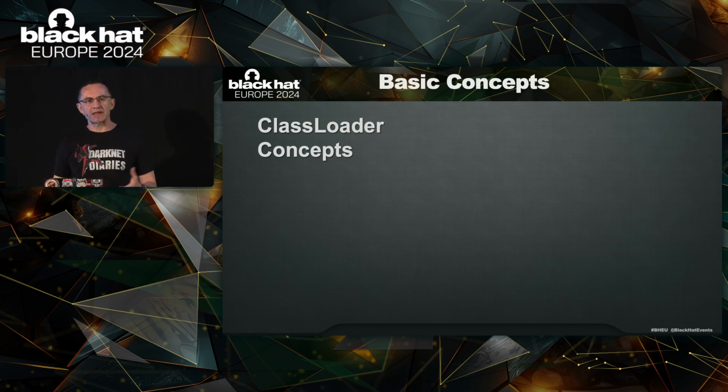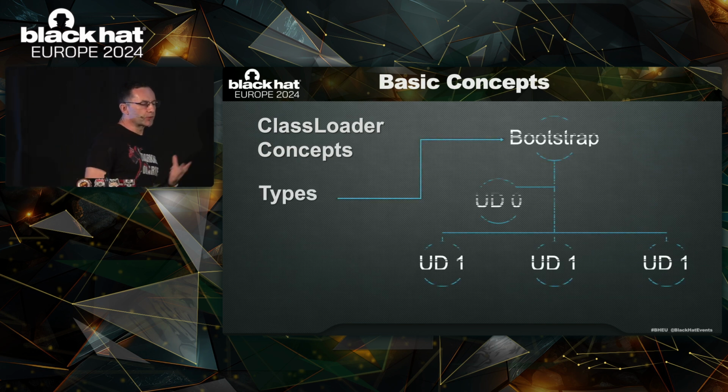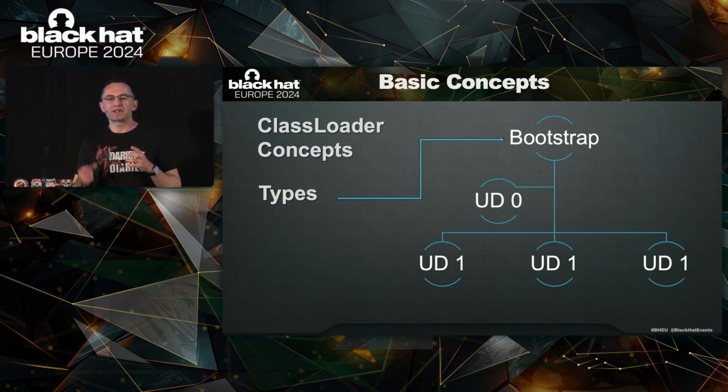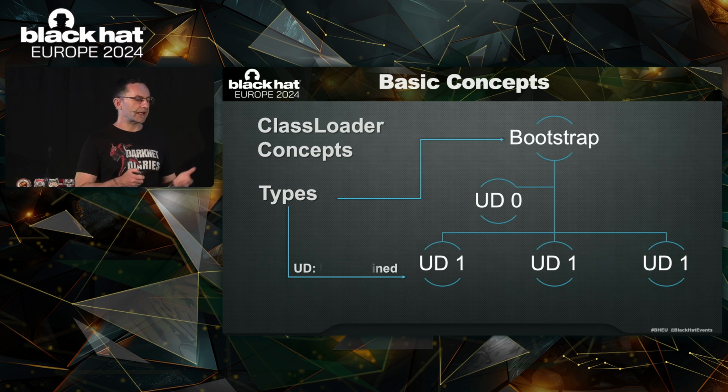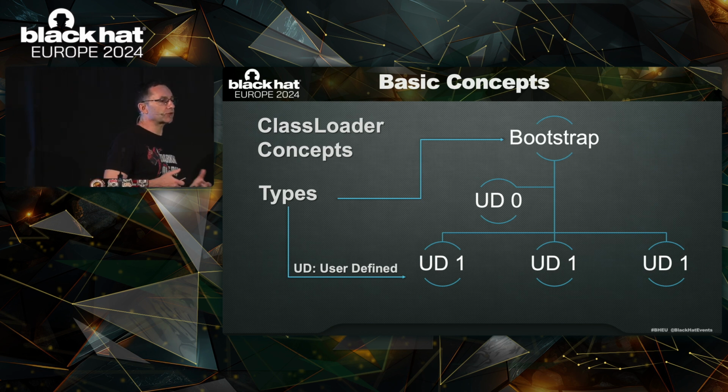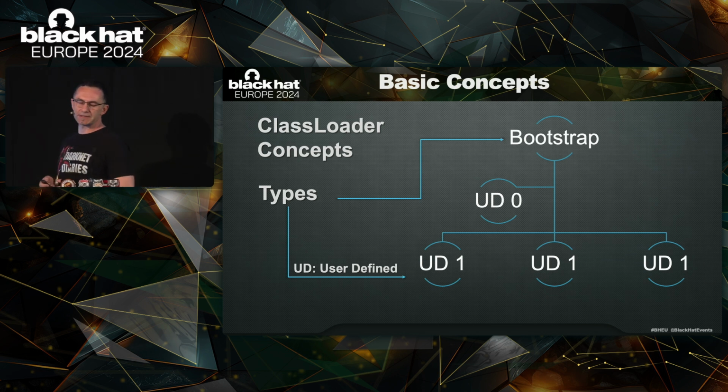And they are organized according to a hierarchical model, establishing a parent-to-child relationship between them. On the top of this model, we have the bootstrap, or primordial, class loader, which is responsible for loading the Java core libraries. And we also have user-defined ones, like extension or application class loaders, which load secondary classes from extension or application directories, as their name implies.